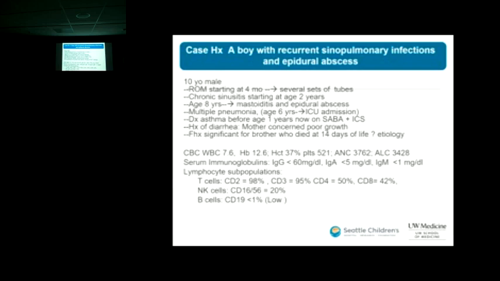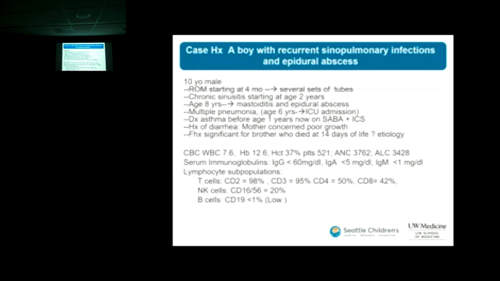So the laboratory studies, based on what we discussed, just basic simple screening of a CBC, showed that the patient had no evidence of neutropenia and a normal absolute lymphocyte count. A screening of serum immunoglobulins demonstrated that the patient was pan-hypogammaglobulinemic or agammaglobulinemic, noted by the levels of immunoglobulin.